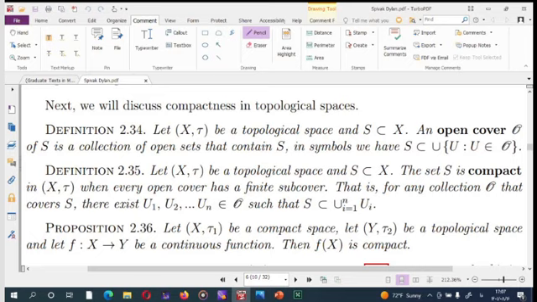That is, for any collection O that covers S, there exists a finite number of this open cover such that S is a subset of this finite union, not the whole family.